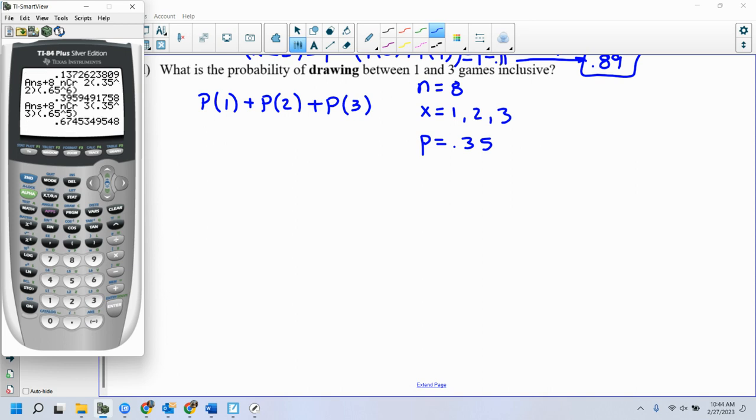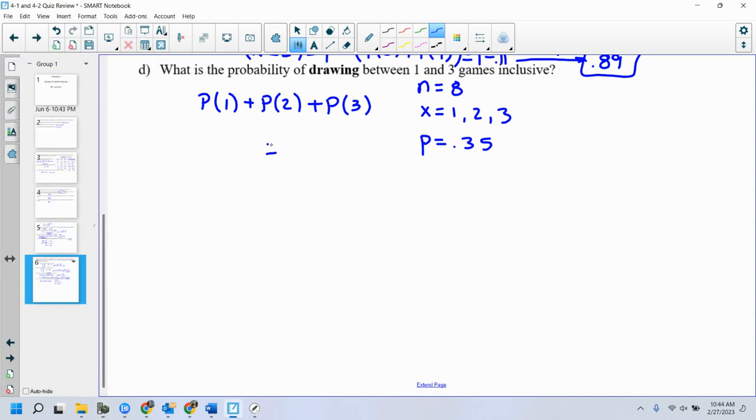Bingo, 67%, 0.67. That's the probability of drawing 1, 2, or 3 out of these 8 games. Pretty high chance, because I've got a 35% chance of drawing and I'm playing 8 games. Yeah, it's on the higher end percentage.